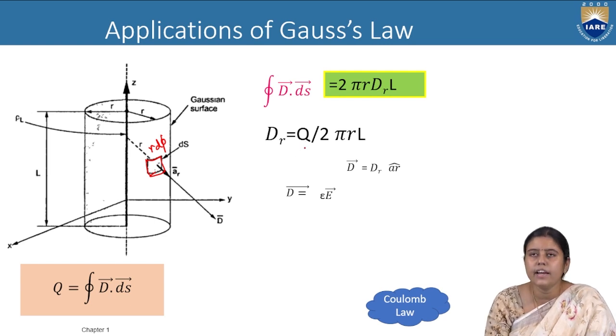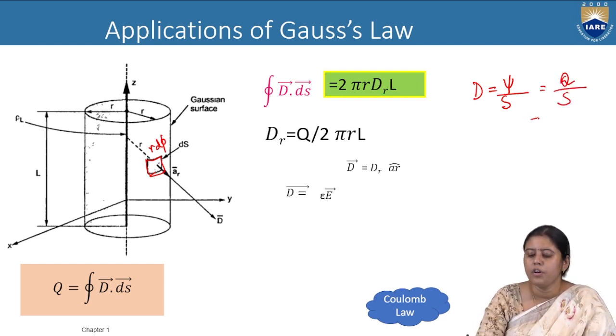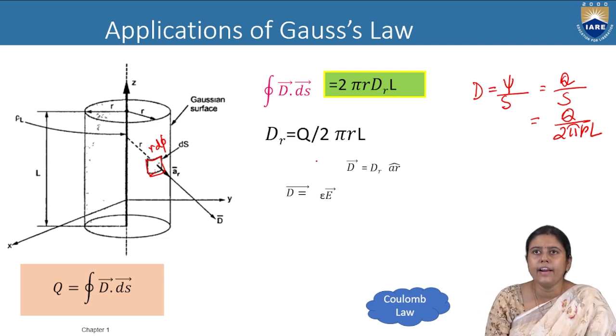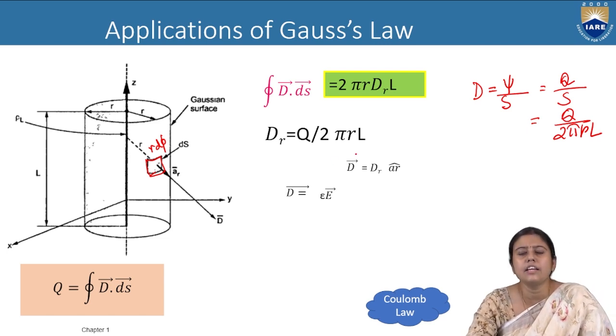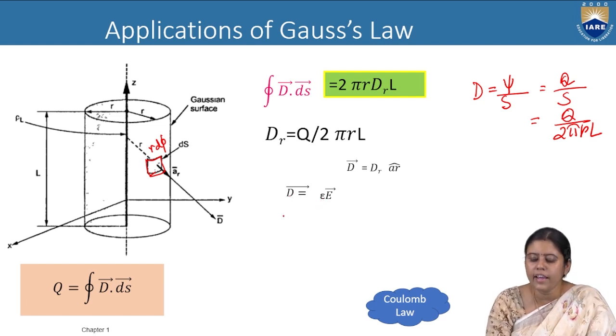What is D_r? D_r is nothing but Q by 2 pi r L, because D is equal to flux psi by cross-sectional area, and according to Gauss law, Q by S. So D_r is Q by 2 pi r L. D_r is the flux density along the radial line, and we also know that D is equal to epsilon times E. So what is E?